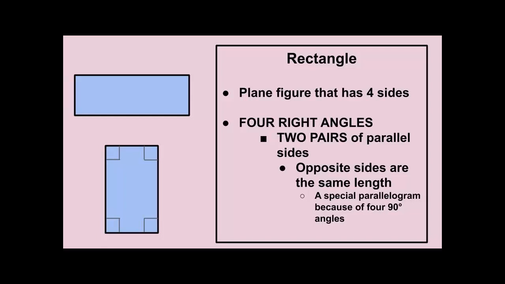A rectangle must have exactly 4 right angles. The parallel sides can be of differing lengths, but each of the parallel sets must be the same. So we can see in these two examples, there are 2 long sides, which are parallel to one another, and 2 shorter sets of lines that are opposite each other.